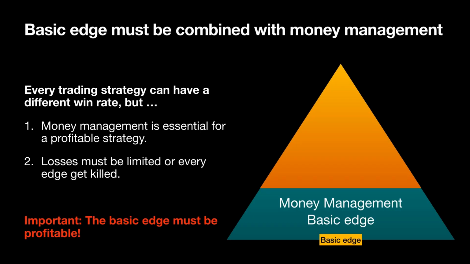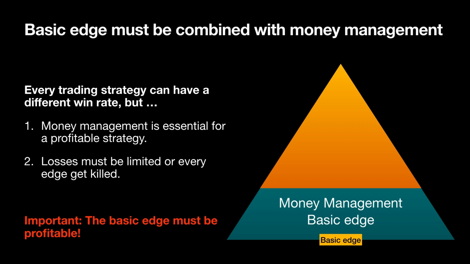Another thing which is very important is that every basic edge must be combined with money management. You can have the best edge in the world, but if you let your losses run, and you will have losses, you kill every edge.